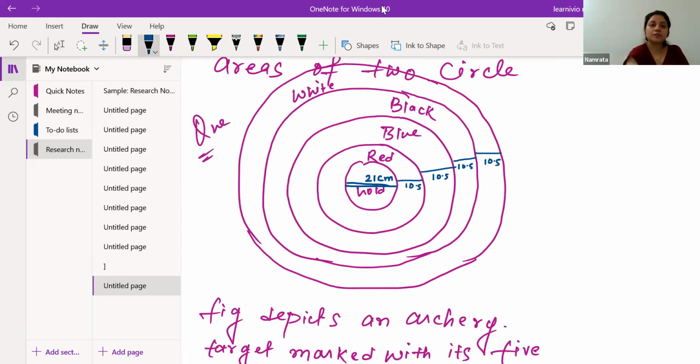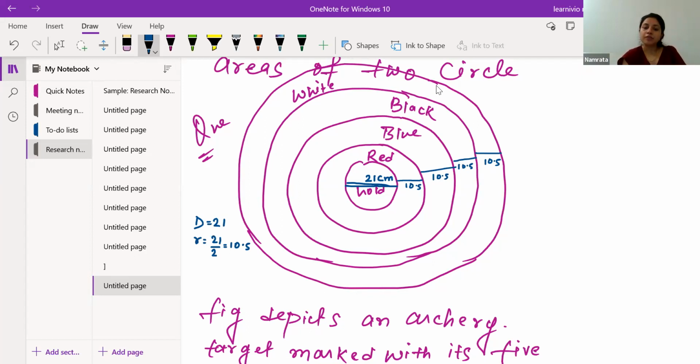Anyone? How will we find the area of the gold if we know the diameter is 21? Can we say the radius will be 21 by 2? Yes, ma'am. That is 10.5.